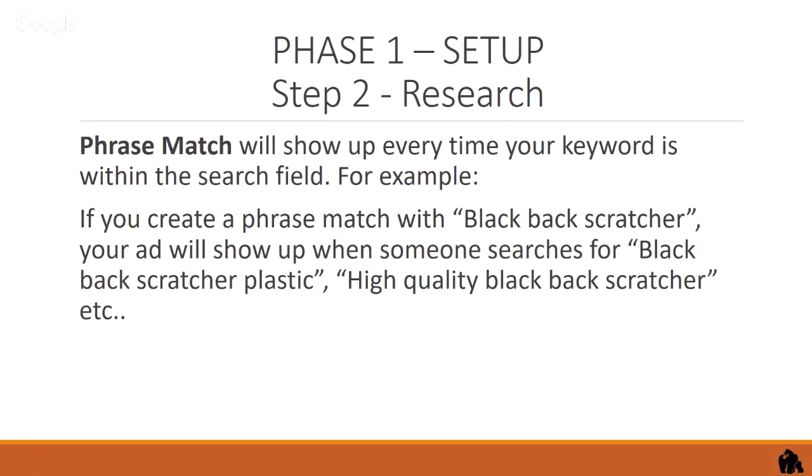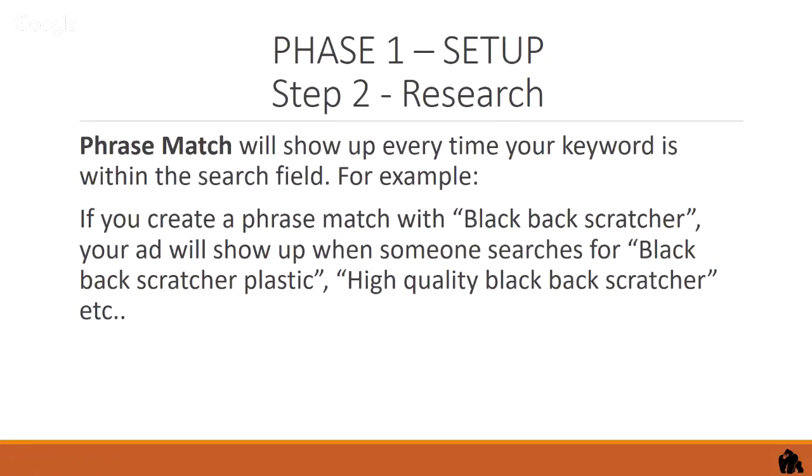If someone puts in the search bar in Amazon black back scratcher plastic, I've got those 3 words in that search term, so therefore I'm going to show up. If someone alternatively puts in high quality black back scratcher, I'm still going to show up. If they put in, for example, black back scratcher stainless steel painted, I'm going to show up.